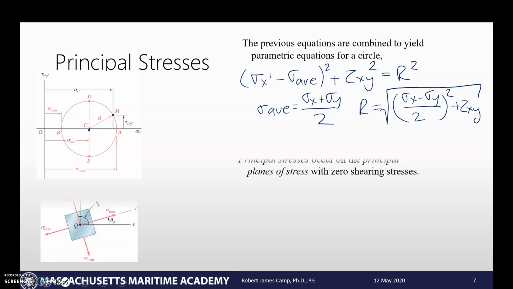So what do I do? The principal stresses occur on the principal planes of stress with 0 shearing stress. What does that mean? Well, that means I'm looking at points A and B, because points A and B are where we're going to maximize that normal stress. And so, once again, how do we calculate that?